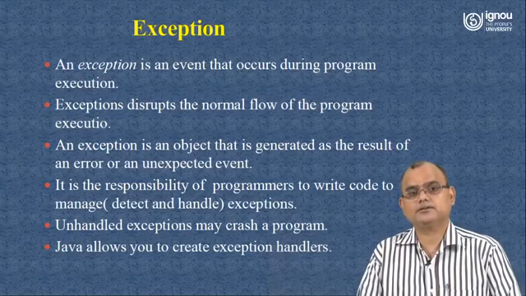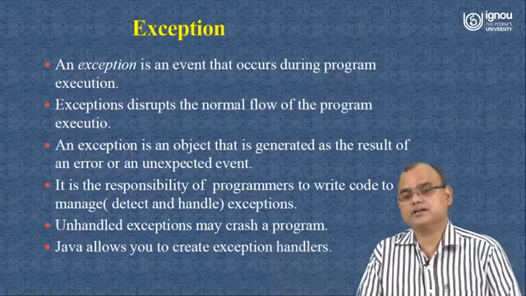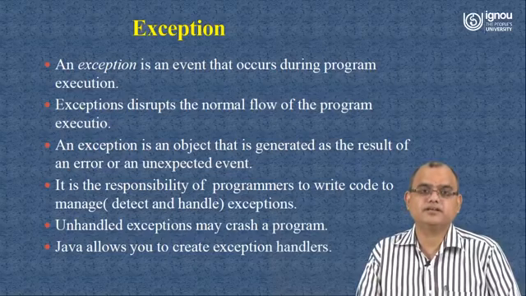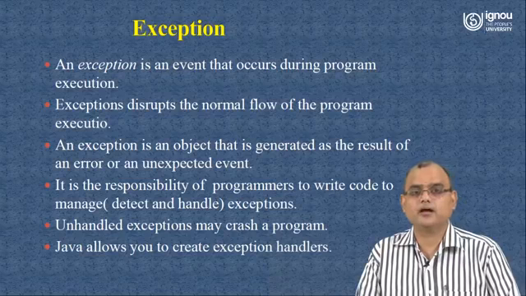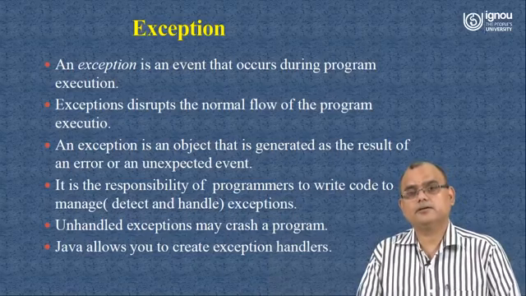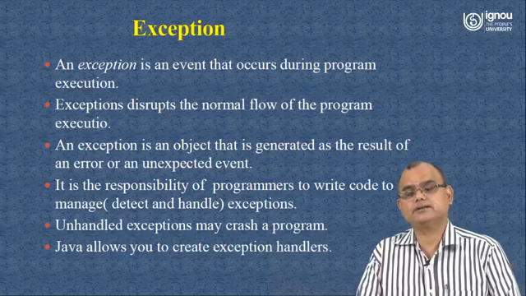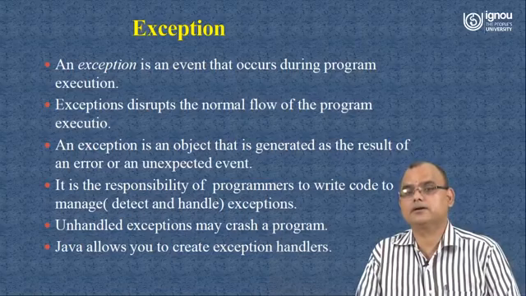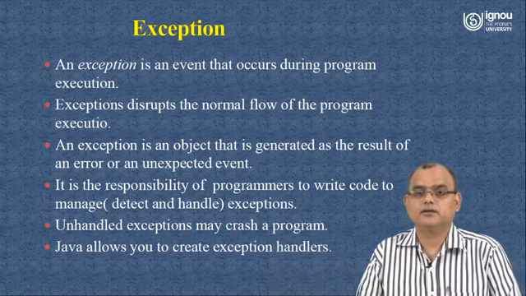And as far as the programming aspect is concerned, exception can be seen as an object which is generated as a result of some kind of error or some unexpected event. Now, if some kind of unexpected event is happening, then how can we handle that particular event? This is the question.